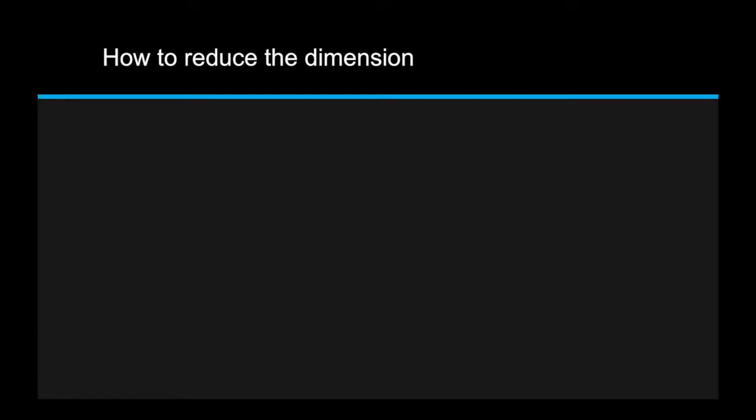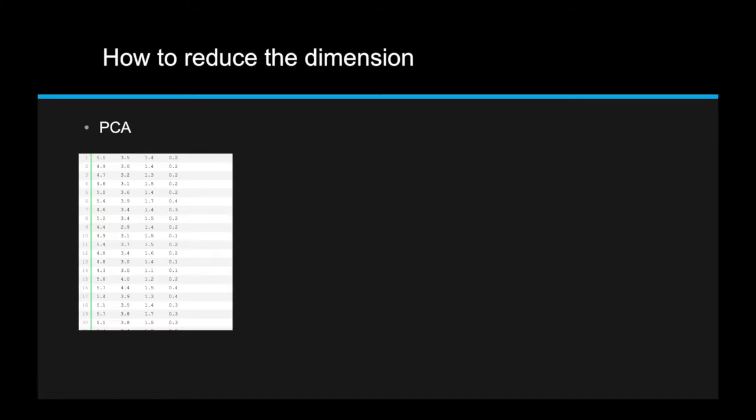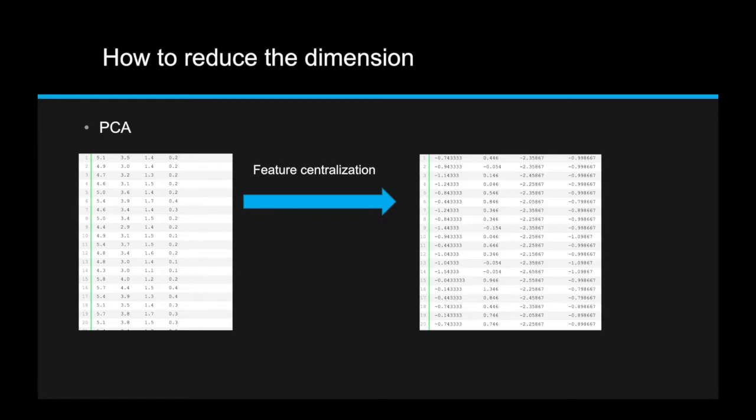Firstly, let's have a look at how PCA works. Firstly, we need to do feature centralization. That is, every dimension minus the average of the corresponding dimension, so the average becomes 0 in every dimension.